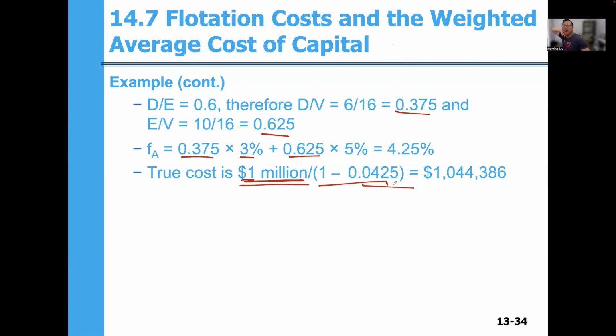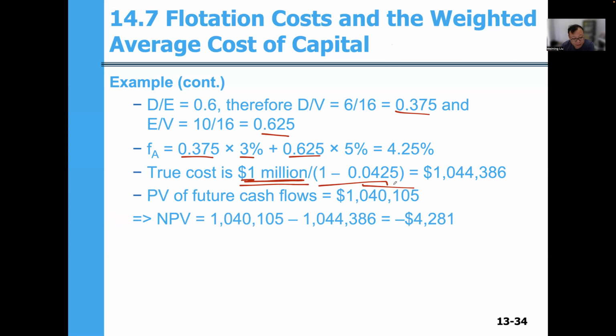So the true cost is $1,044,366. And we can calculate the present value of the future cash flows using the financial calculator to be just over $1,040,105. So your net present value is the difference between the two.